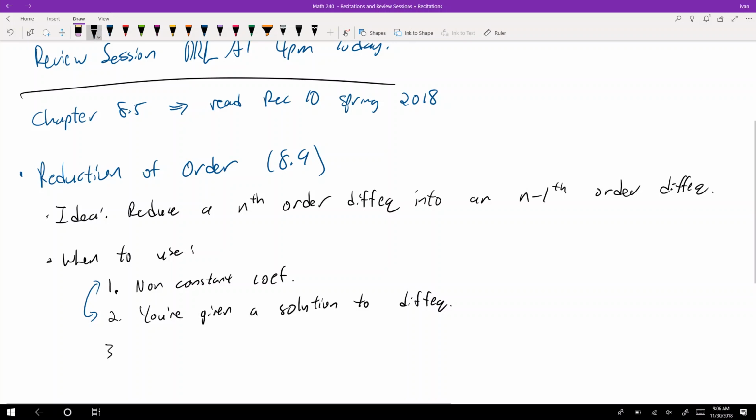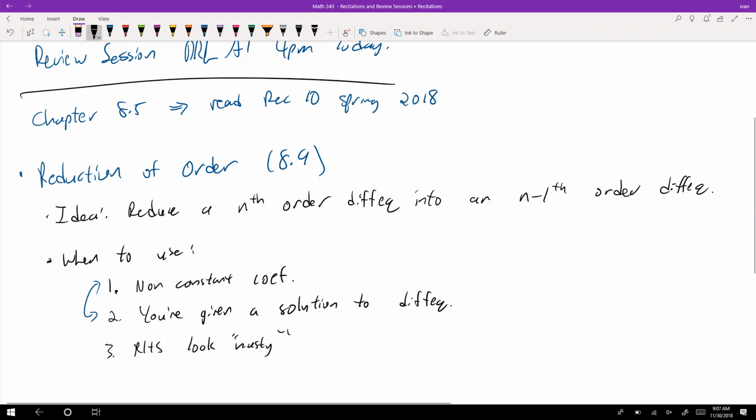So that gets paired a lot, and then the third one is if the right-hand side looks nasty. So what does that mean? If you have ln's or something like 1 over x squared on the right-hand side, you can't really deal with that. If it's a constant coefficient diffeq, you can use the 8.7 method, which I covered last week.